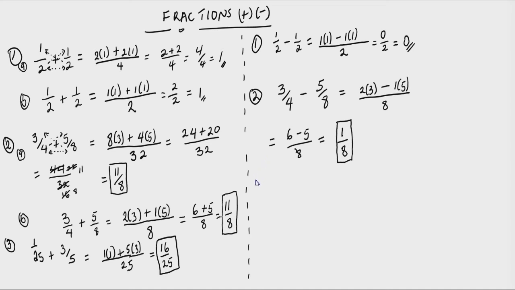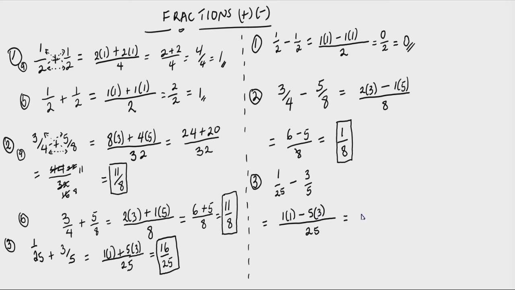And for the third example, same numbers, minus 3 divided by 5. This is equal to 25. Lowest common multiple, 25 and 25 is 1. So right there. 5 and 25 is 5 times 3.